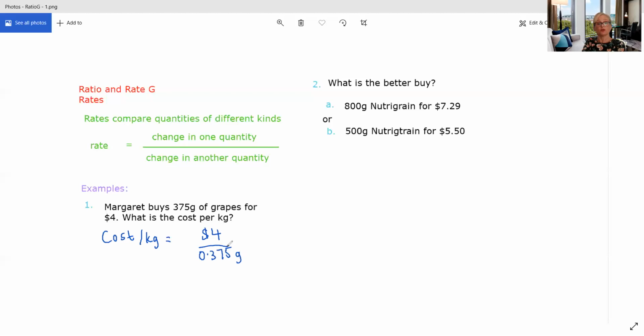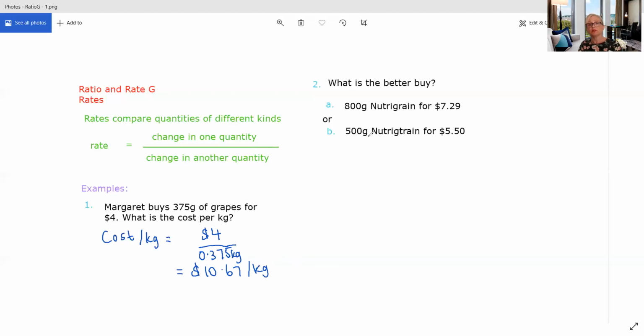So it was $4 for 0.375 kilograms. We use our calculator and we divide. 4 divided by 0.375 gives us $10.67. We're always with money round off to 2 decimal places, of course. So $10.67 per kilo. So that's not particularly cheap, is it?